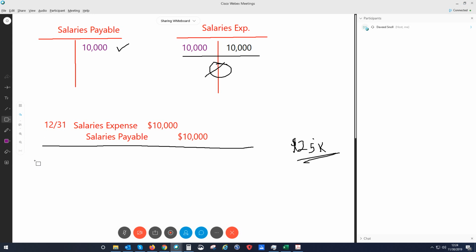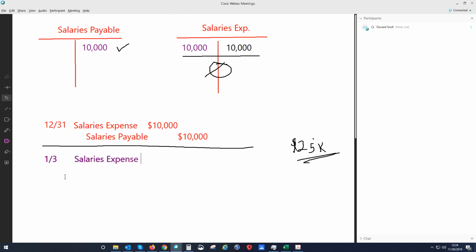So let's see here. That would probably be on the 3rd, correct? Because if 12/31 is the 1st, is a Tuesday, right? Then on 1/3 of the next week, at the end of that week, but we're in next year, she would post the salaries expense of $25,000.